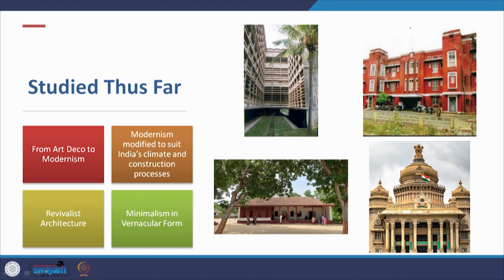We have also studied the movement from Art Deco to modernism as we find in the Lady Dufferin Hospital. We have seen modernism modified to suit India's climatic conditions and construction processes as in Antonin Raymond's Golconde, revivalist architecture as in the Vidhan Soudha in Bangalore, which we will see in the next presentation, and the minimalism in the vernacular form of Sabarmati Ashram that we see here.